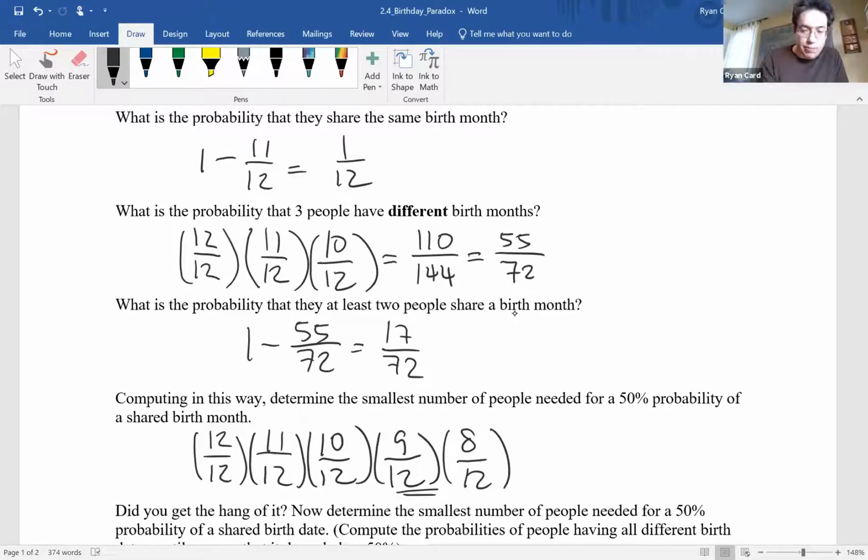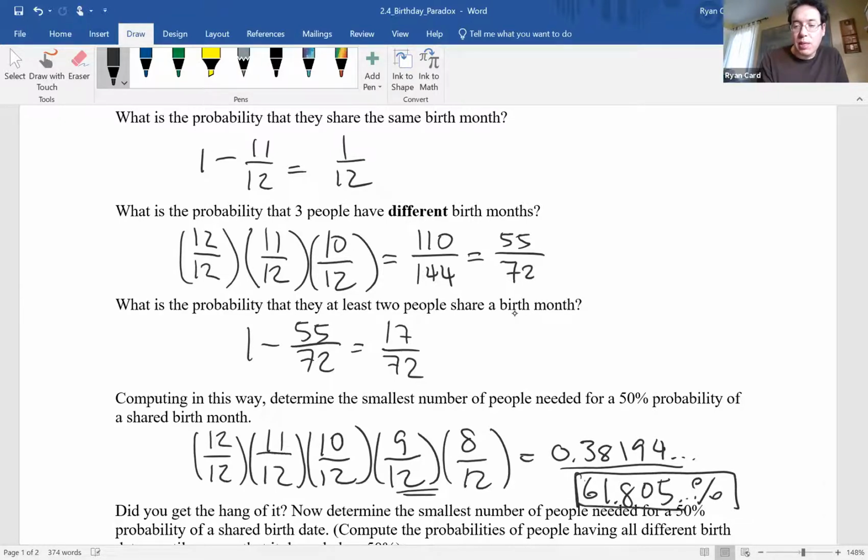At this point, the chance of them all being different with 5 people in the room is slightly more than 38%. This is the probability that they have different birth months. So the probability that at least 2 of those people share the same birth month is 1 minus that, which is 61.805 and so on percent.